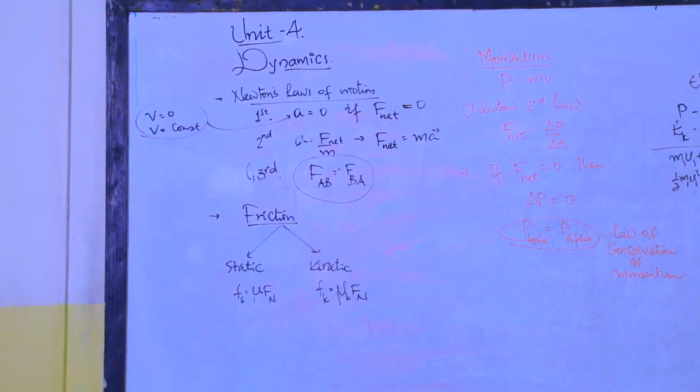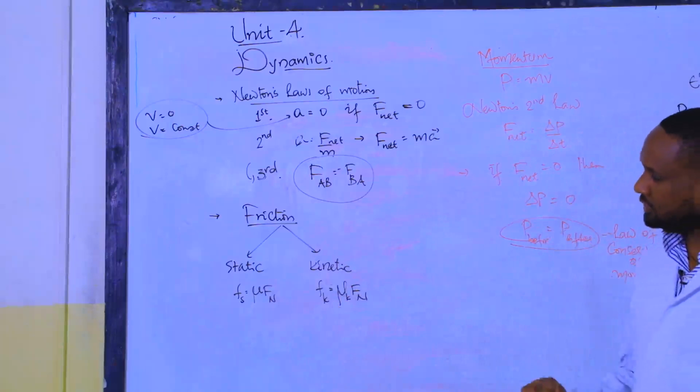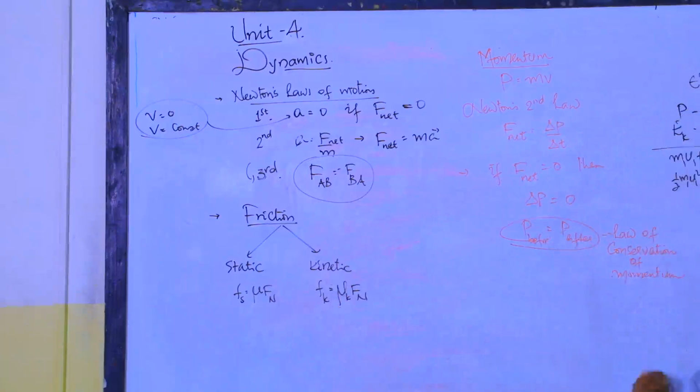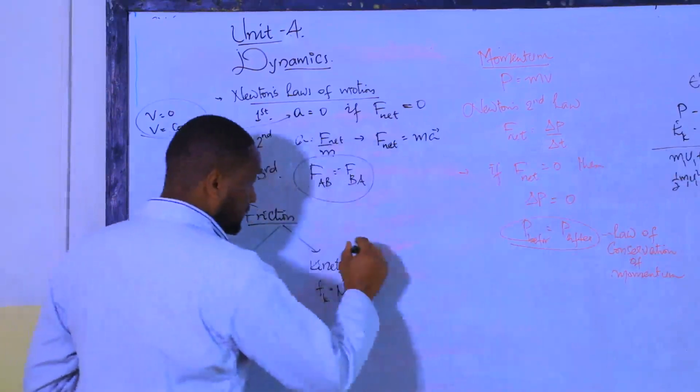Basically, the amount of frictional force between two objects depends on two factors. The first one is the nature of the interacting surfaces, that means the smoothness or roughness of the surface. The second factor is the normal force, okay? Normal force is the force that presses the two surfaces together, and it is always perpendicular to the surface of interaction. For example, if we put this box on a table, the normal force is always perpendicular to the surface of interaction.